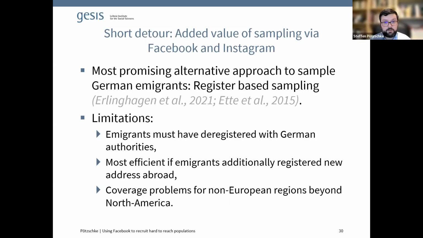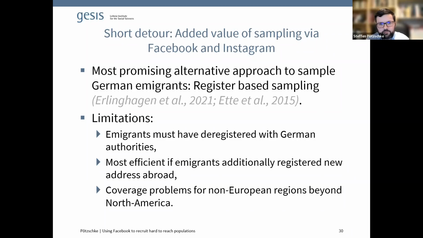So the most promising sampling method to recruit German immigrants is a register-based sampling method used by the authors mentioned here. But while this method is very good and very innovative, it has several limitations. It can only work for immigrants who have actually deregistered with German authorities and are included in the sampling frame.